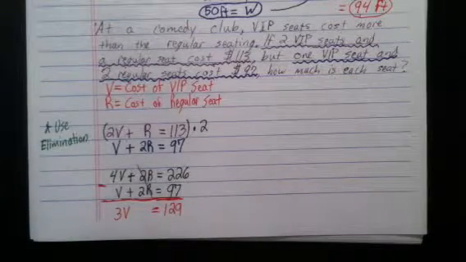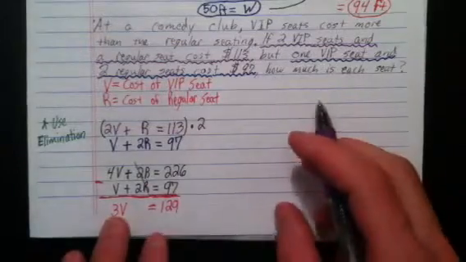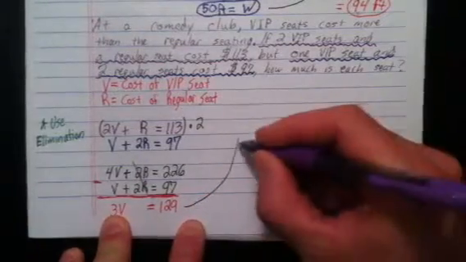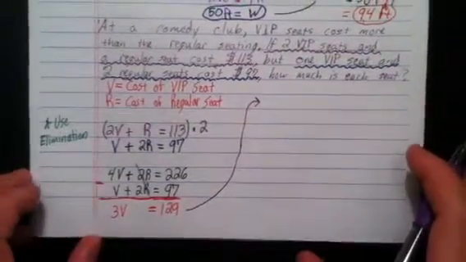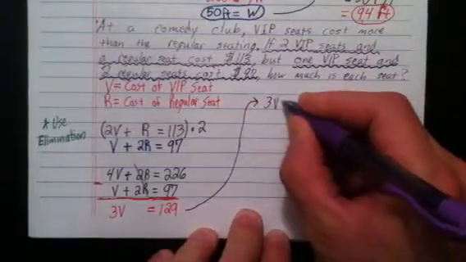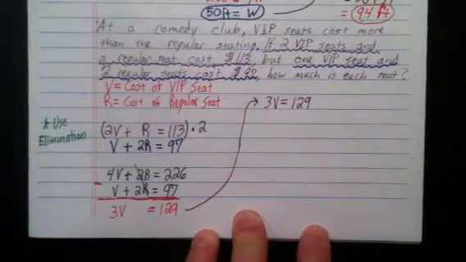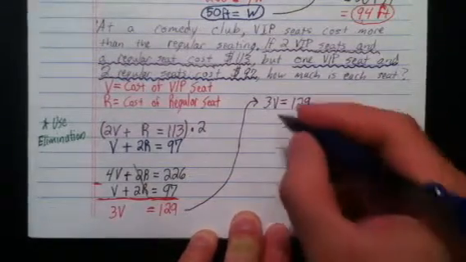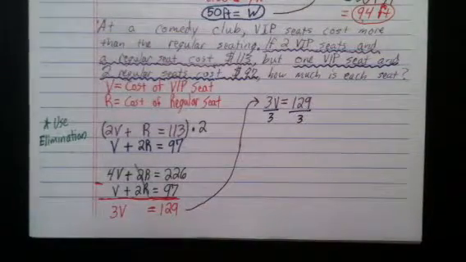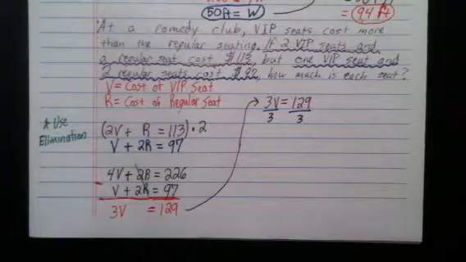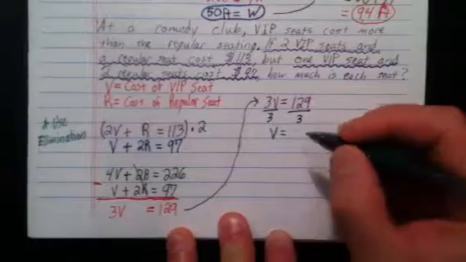Okay. And then that's a pretty easy equation for us to solve. I'm going to bring it up over here. 3V equals 129. Solve for V, divide by 3 on both sides. And finally we get that a VIP ticket would cost $43.